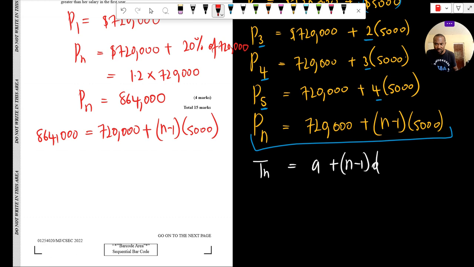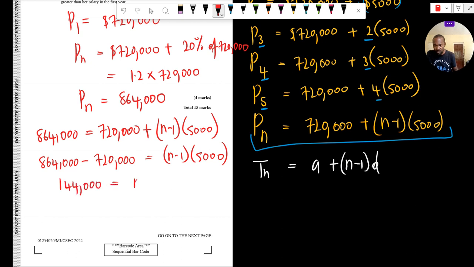So we bring the 720,000 across to the other side. We get 864,000 minus 720,000. That is equal to n minus 1 times 5,000. And so what this gives us, 864 minus 720, that looks like 144,000. So we have 144,000 is equal to n minus 1 times 5,000.